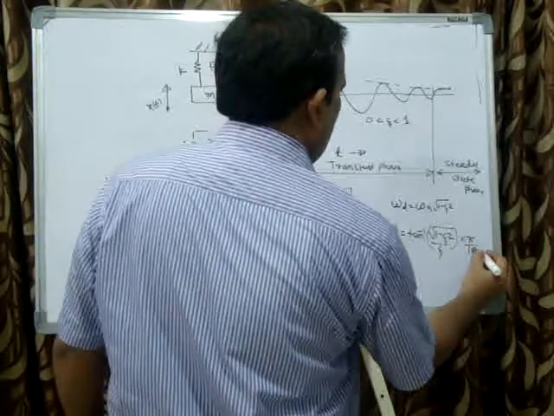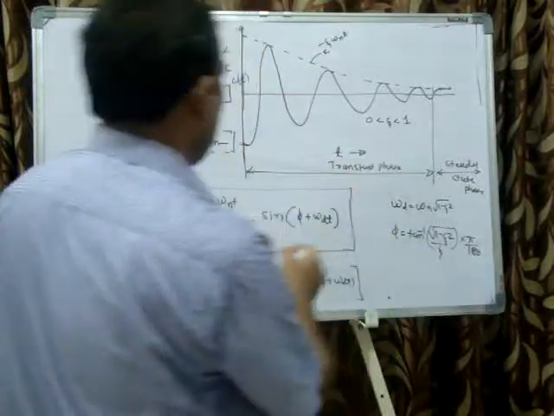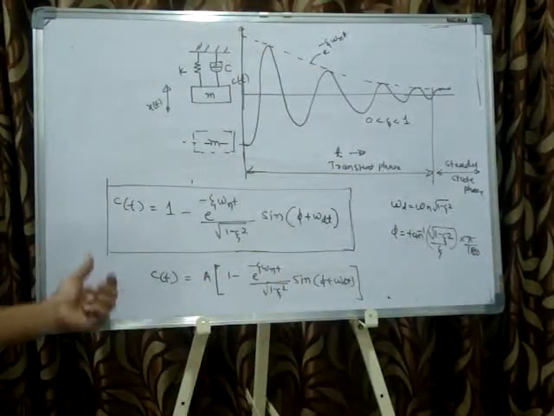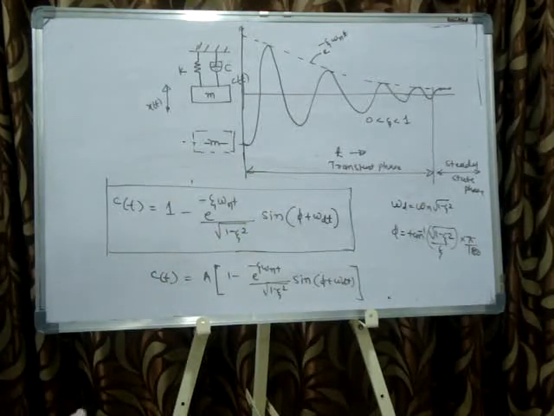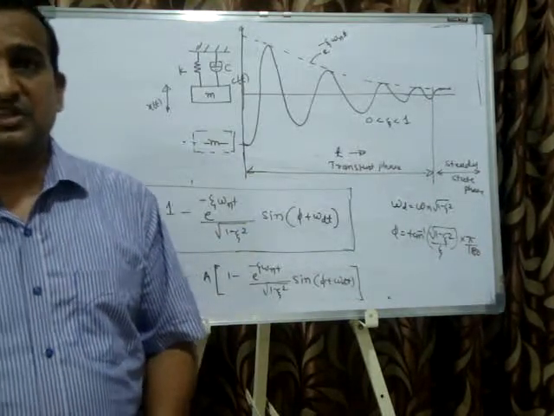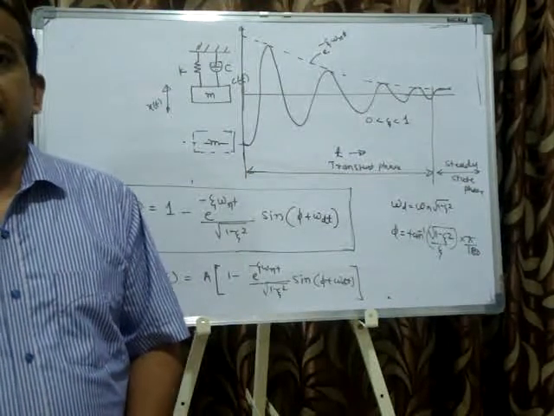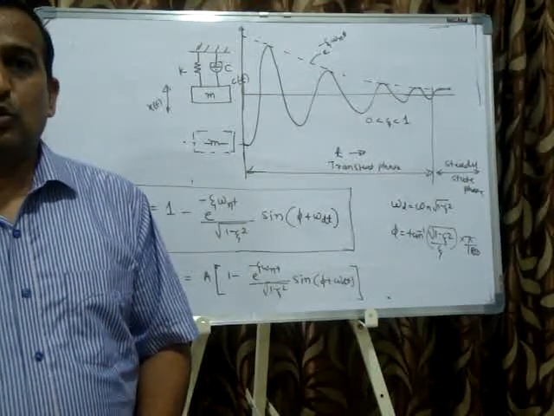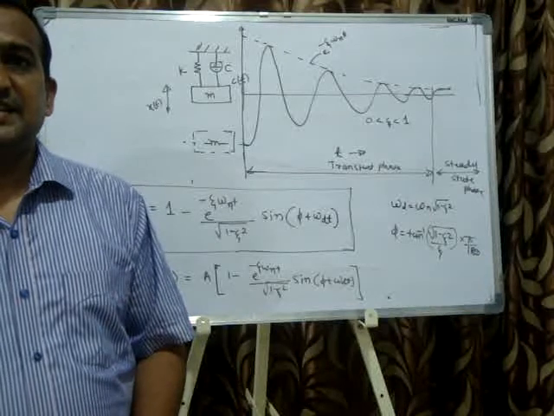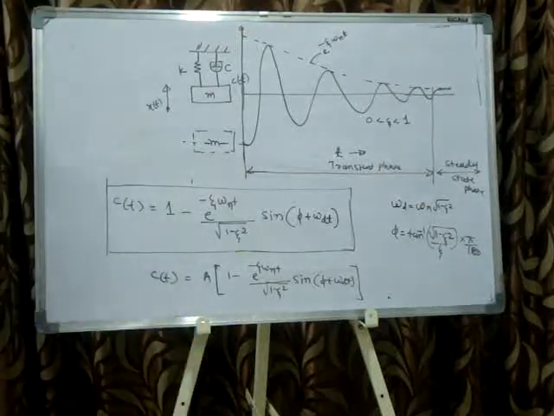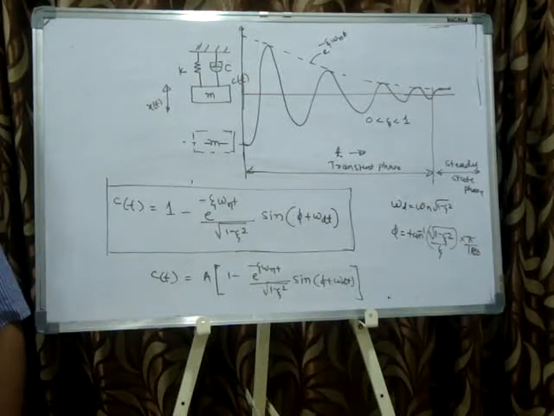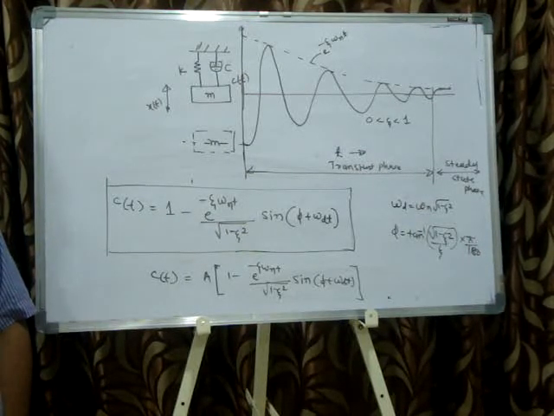In the next lecture, we will see the time response specifications of second order system. We will start from this equation with this graph, and we will see rise time, peak time, peak overshoot, and settling time. We will see in the next class. Okay, thank you.